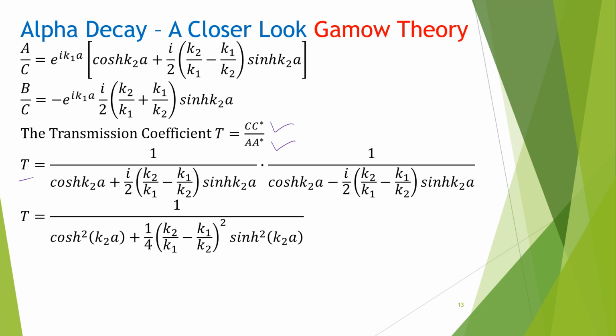So this can be further simplified by collecting identical terms, that is K2 upon K1 minus K1 upon K2.